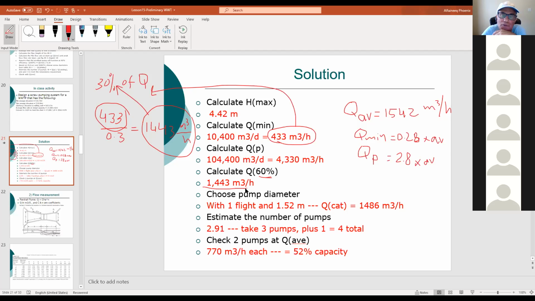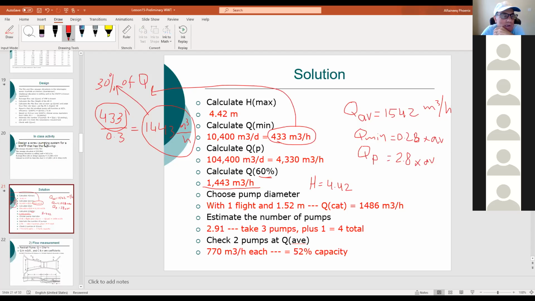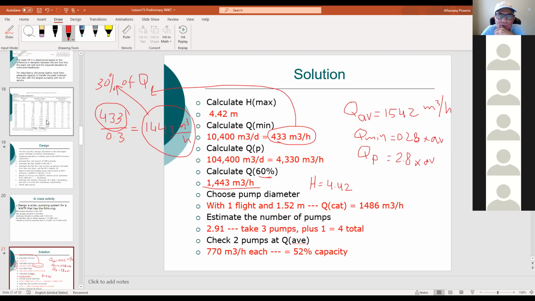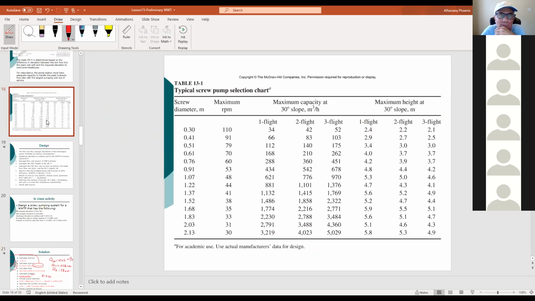Now, based on this number and based on H equals, how much you said H? 442? Yes. You go to there and you try to find your pump. So let's take these two numbers and go back to the catalog here. 1443, all right?